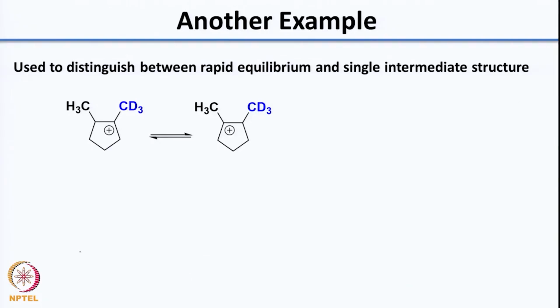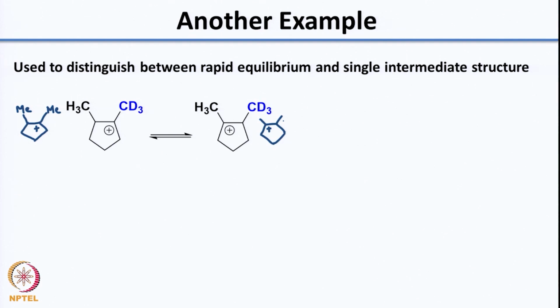Alright, so shown on your screen are two structures. The structure on the left has a carbocation next to CD3. The structure on the right has a carbocation next to CH3. If you compare this with an example where you have both methyls, with a plus sign here, and in the other case a plus sign here, but again both are methyl, both these structures would be equivalent.